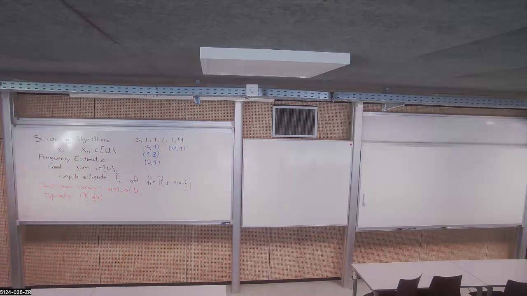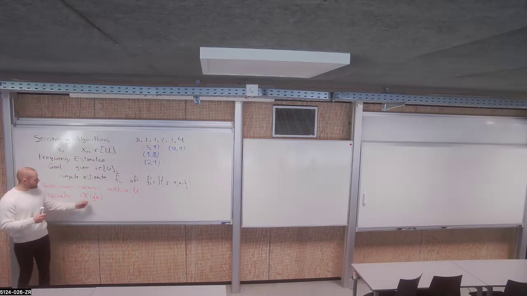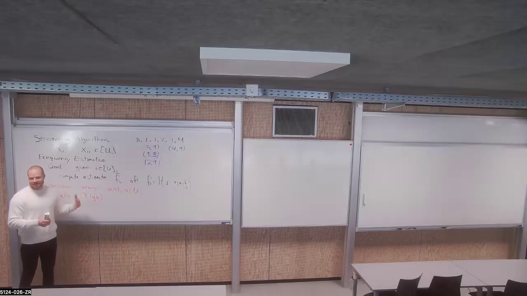Let me say that some of the reading material in this area varies a little bit in how they measure space. Some measure space in number of bits, and some measure space in number of machine words. And it actually is quite a difference. If your space usage is around log n, there's a big difference between log n bits and log n words. It's like maybe a quadratic difference in many cases.